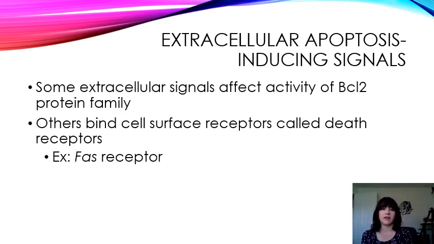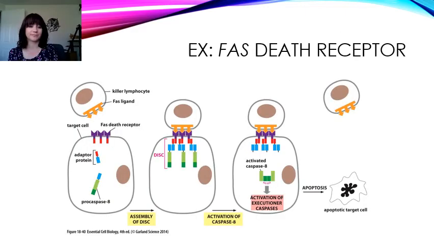So when an extracellular signal is telling the cell to undergo apoptosis, it needs to bind to a receptor, and these are called death receptors. And one example is called the FAS receptor. Here we have a cell, the larger cell on the bottom here, that's going to be told to undergo cell death.